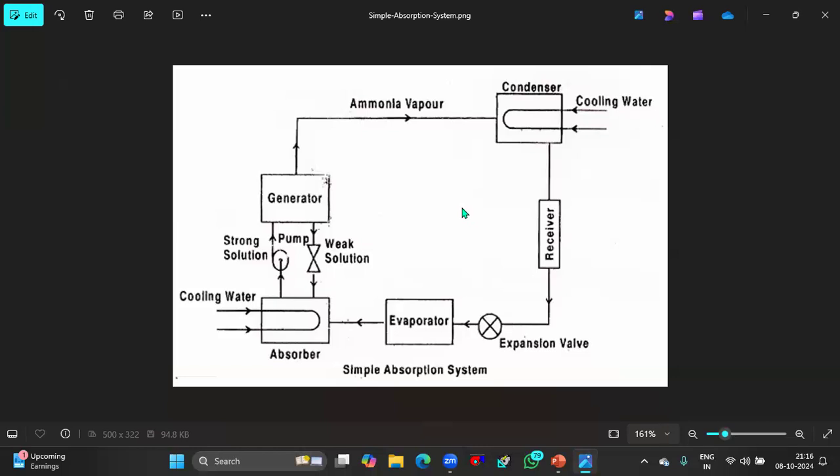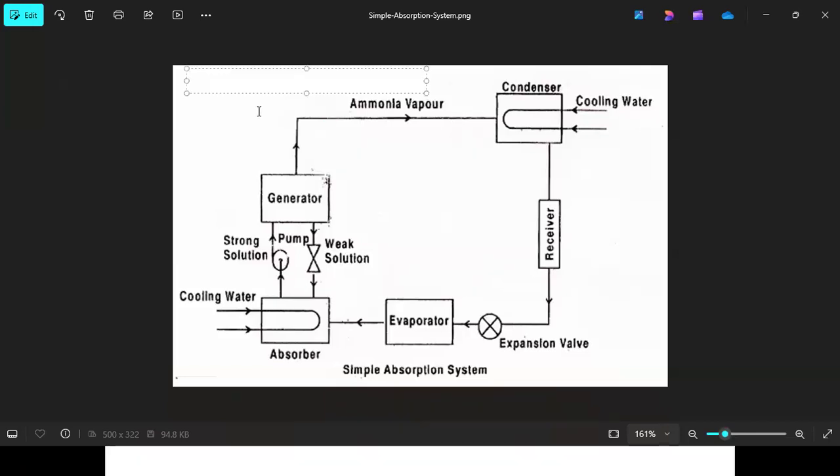So let's get started. There are two types of VAR systems. The first one is the NH3 H2O cycle and the other one is the LiBr H2O cycle.